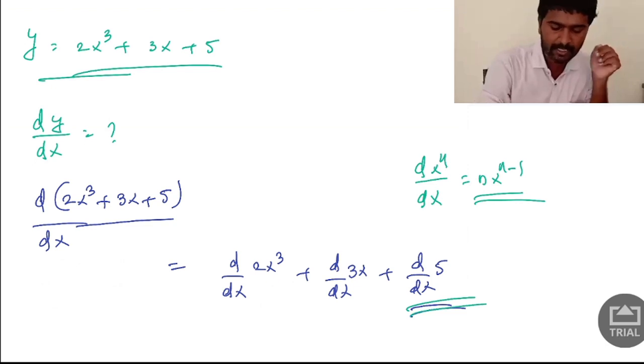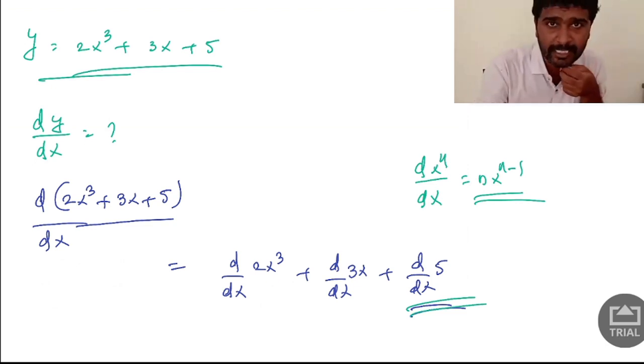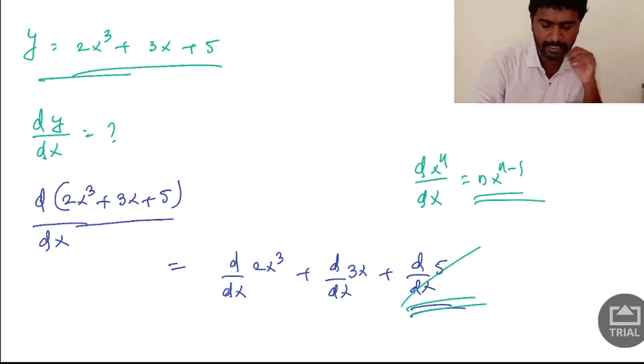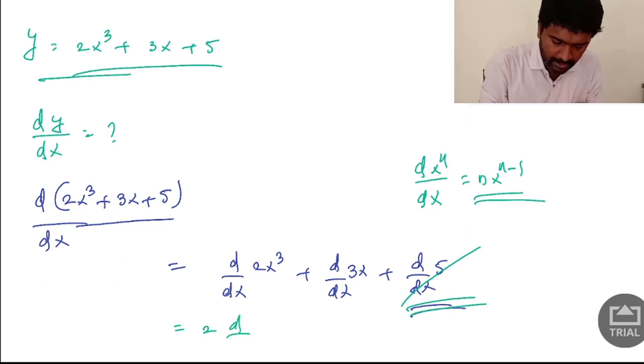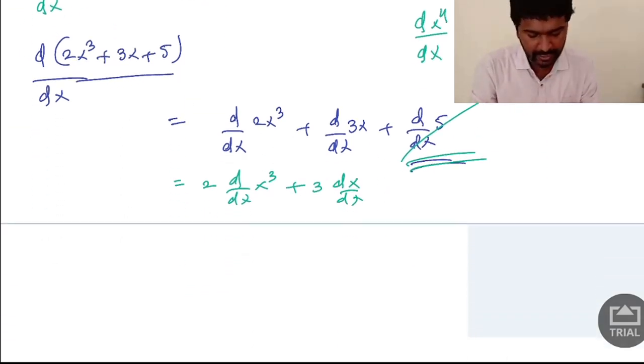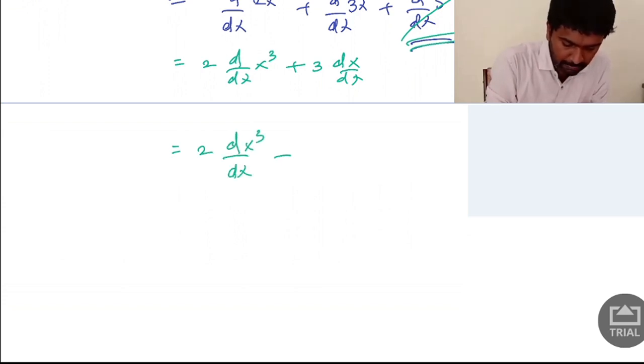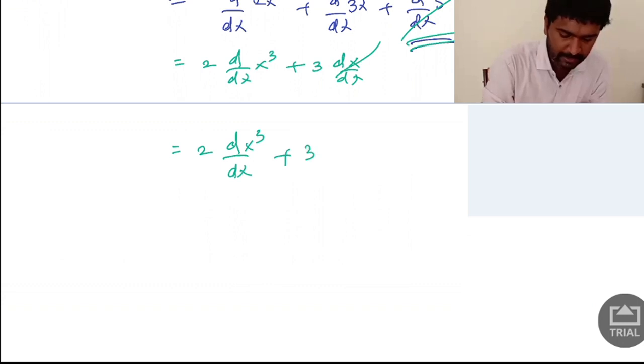Even though you change the x value, 5 remains the same, so you write 0 for that. Then in this, you can take 2 common, then you get d by dx of x power 3, plus here you take 3 and you get dx by dx, again 1. So finally your equation becomes 2 into d by dx of x power 3 plus 3.